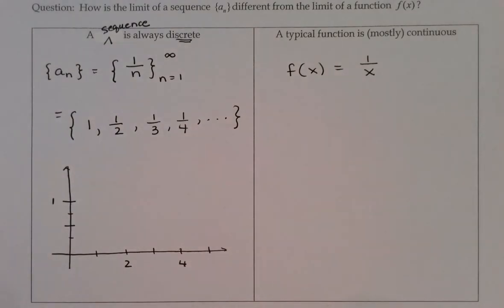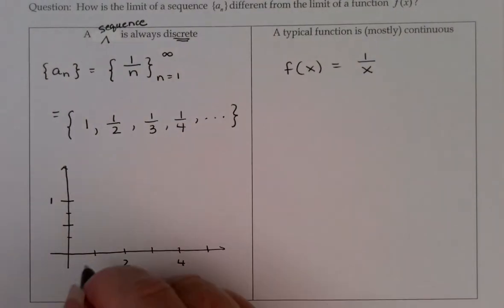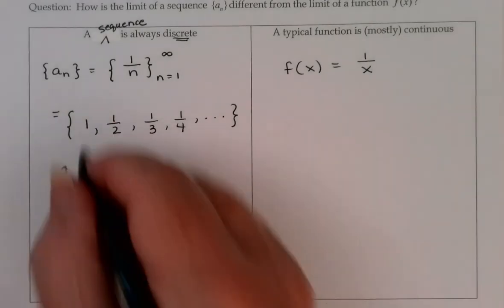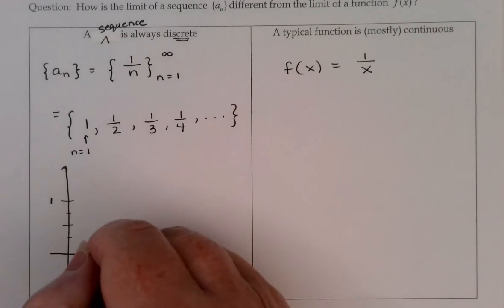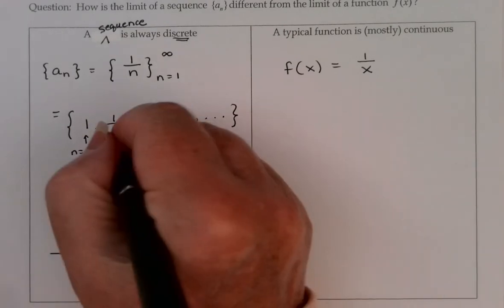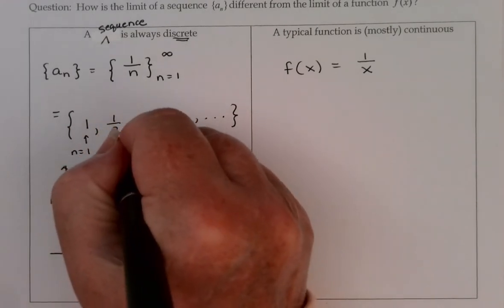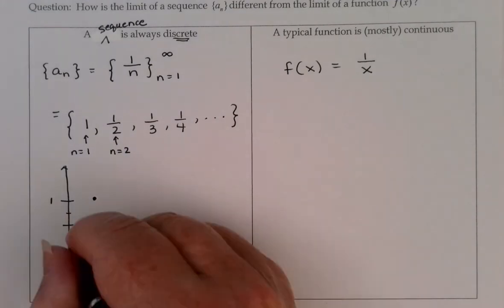Marked by quarters there on the y-axis. We'd have the point (1, 1), right? This is n equal 1. And this is our n equal 2, so we'd have (2, 1/2).